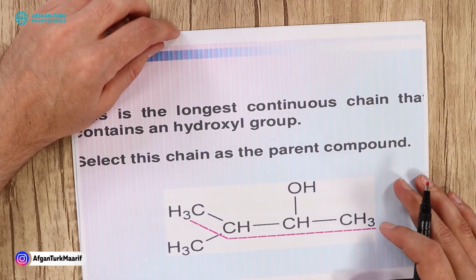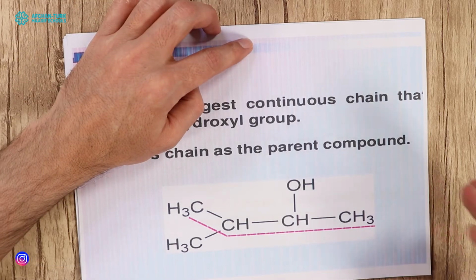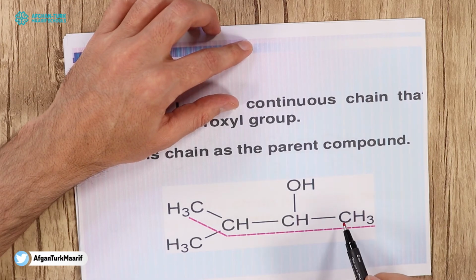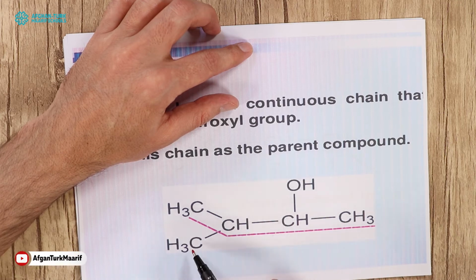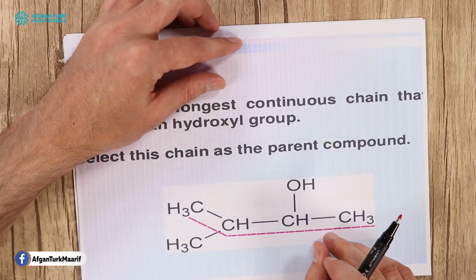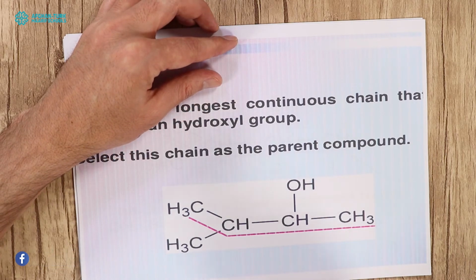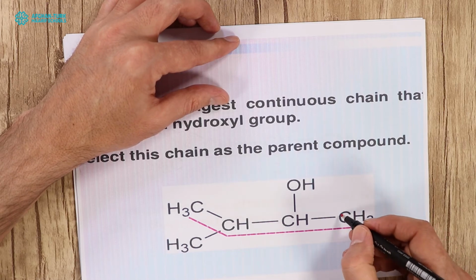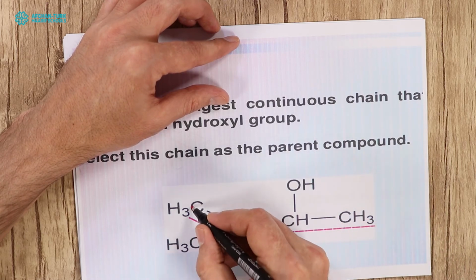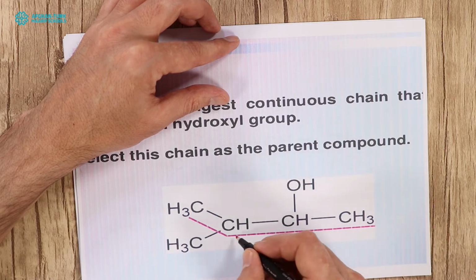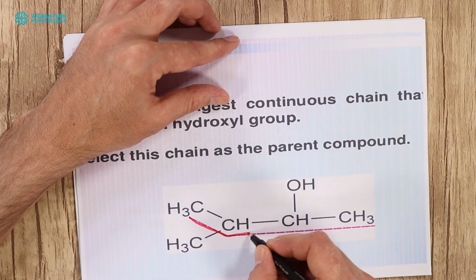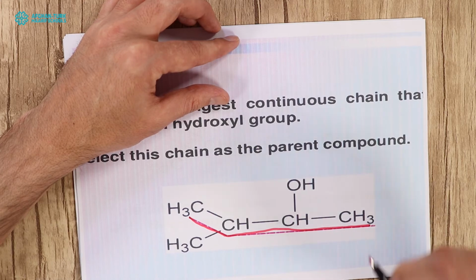According to these rules, first of all, if you have a compound like this, you can see 1, 2, 3, 4. You will select the longest chain of carbon atoms. When you select the longest chain present in the parent compound, there are 4 carbons here, so this will become your longest chain.